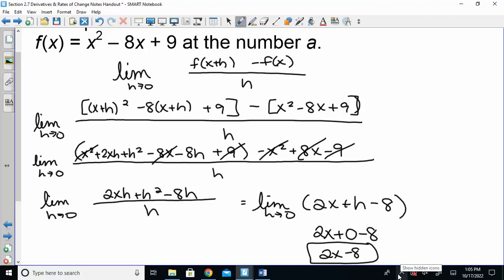And that is my limit, or the slope of a tangent line at a particular point. And then if I said, well, what's the slope when x is 3? You need to plug it in and say, oh, it's going to be negative 2. If I want the slope when x is 10, 20 minus 8 is 12. And you can give me the slope at any particular point on that graph. So the derivative is kind of a generic formula that we can use to find the slope at any particular point.